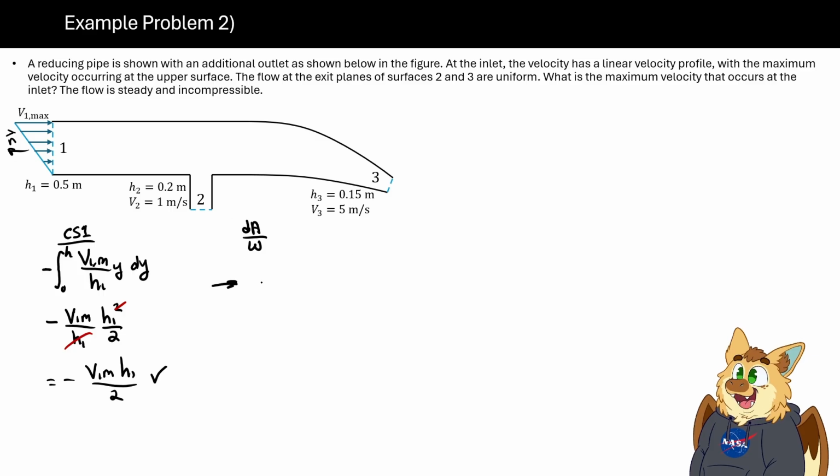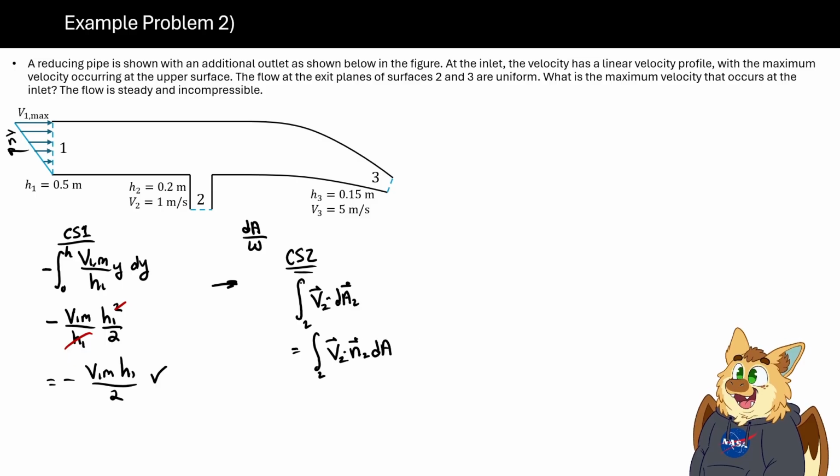So next, let's go over to control surface 2. For control surface 2, we have the integral over CS2 of v2 dot dA2, which is equal to the integral of v dot n dA.